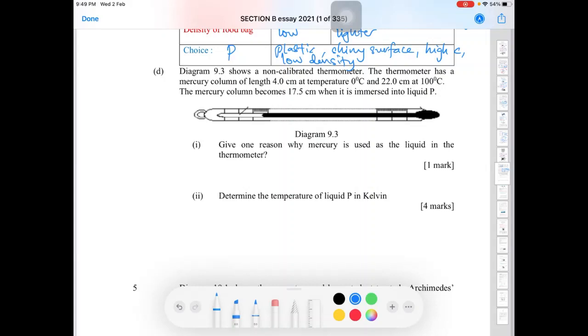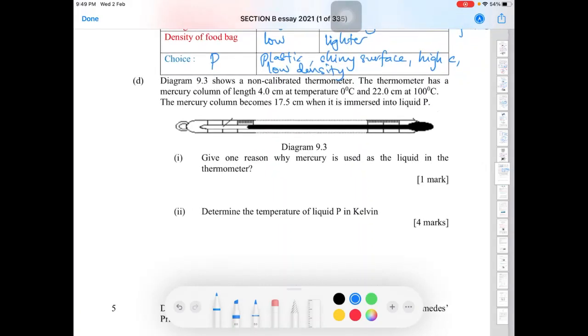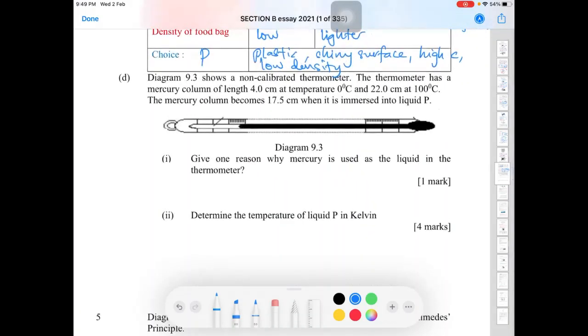Okay. Alright. This one is the thermometer. The thermometer have mercury column of length 4 cm. And the temperature is 0. So masa dia 0, that means this is uncalibrated thermometer. Jadi kalau uncalibrated, maksudnya you kena tahulah the formula yang you dah belajar tu.